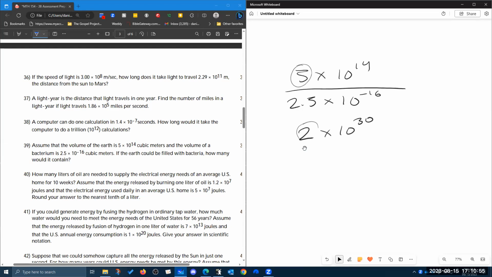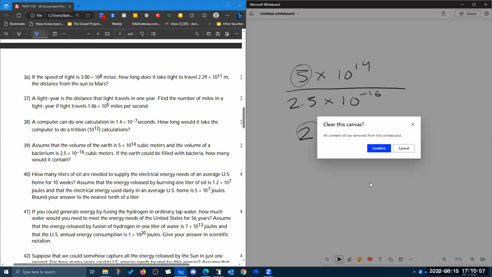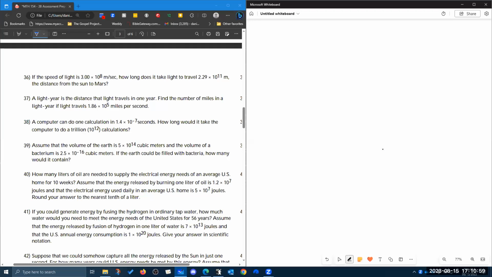How many liters of oil are needed to supply the electrical energy of the average U.S. home for 10 weeks? Assume that the energy released by burning 1 liter of oil is that many joules, and the electrical energy is used.